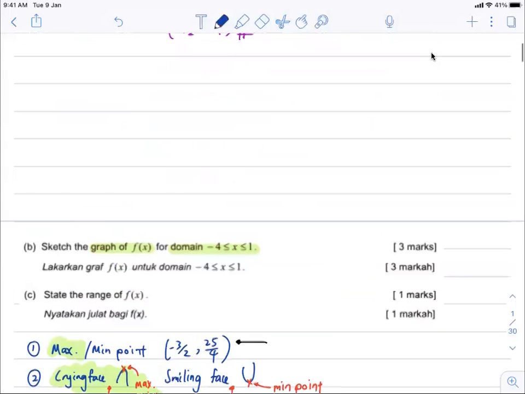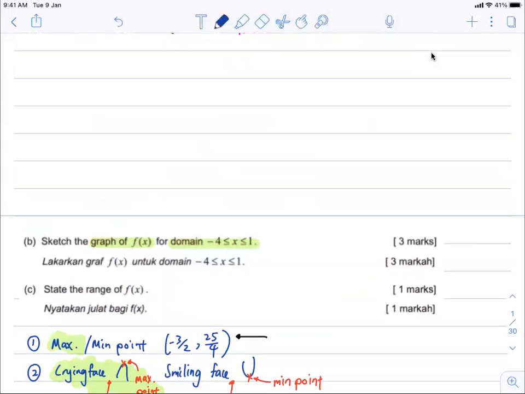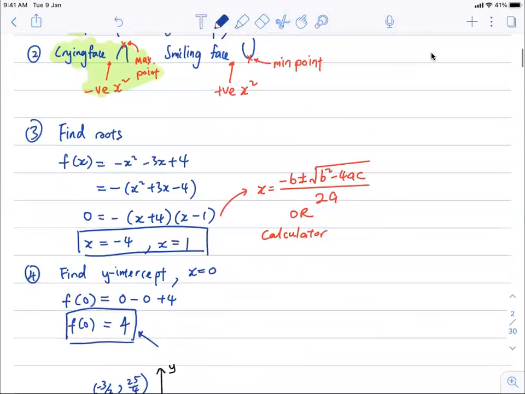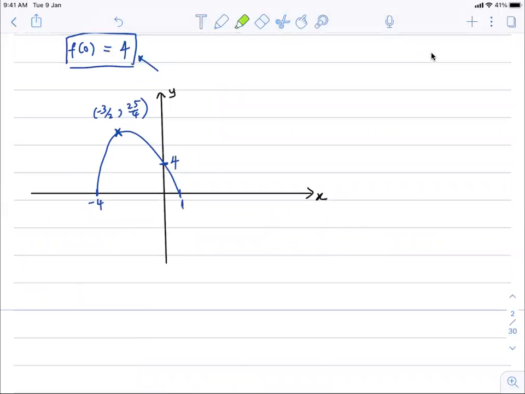Now we can check back the question again. The question says the domain must be x between -4 and 1. So this is the domain. It must be between -4 and 1. Which means if just now I accidentally drew the graph slightly longer, like this, it will exceed the domain.